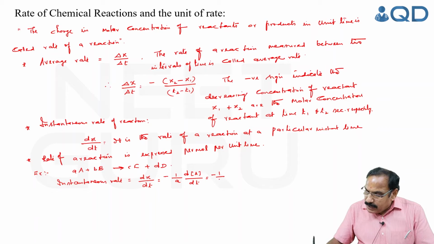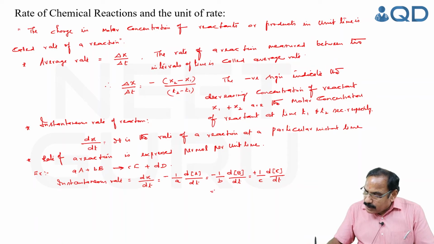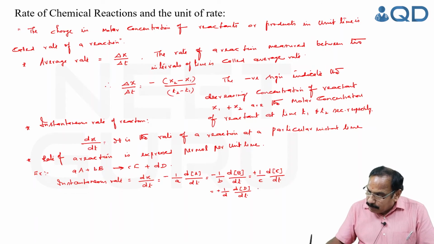Or in terms of B, it is minus 1 by b dB by dt. Or equally in terms of product C, with a plus sign, 1 by c into dC by dt, or with respect to the product D, with a plus sign, 1 by d into dD by dt. This is known as the rate expression.